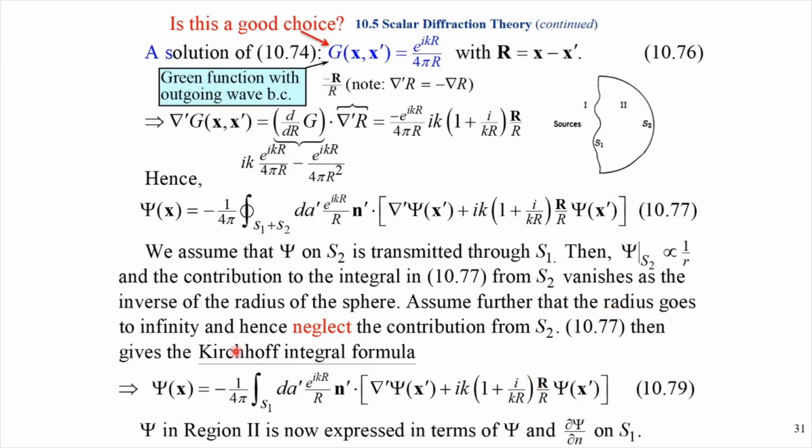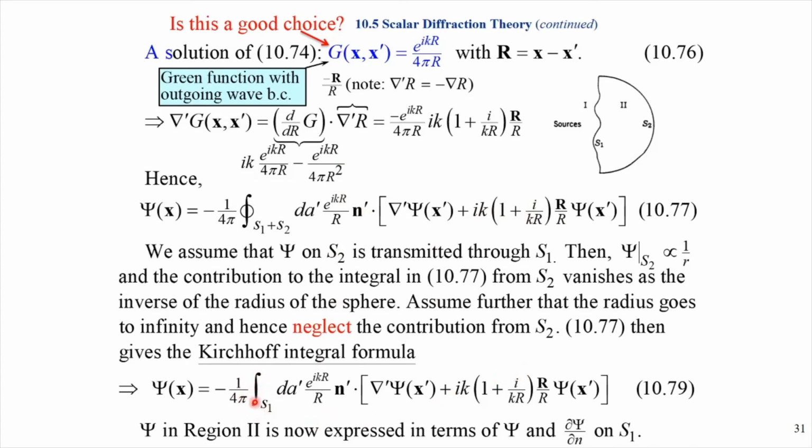Okay, then this equation gives us the Kirchhoff integral formula. The Kirchhoff integral formula: n prime the same, this one the same, this one the same.